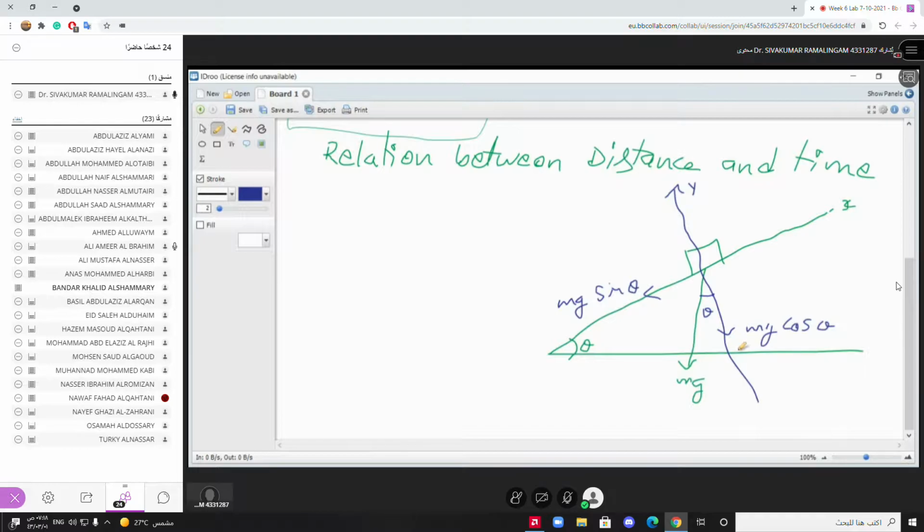When you keep a glider on the surface, the glider will not move. The gravity is pulling the object down, even then the glider is not moving. Why? Because there is friction between the glider and the surface. The friction does not allow the glider to move, though it is pulled by the gravitational force. Then what are you going to do now? I want to reduce the friction. How can I reduce the friction?